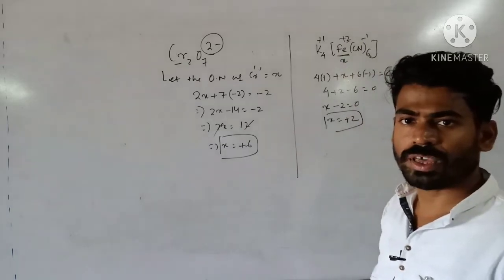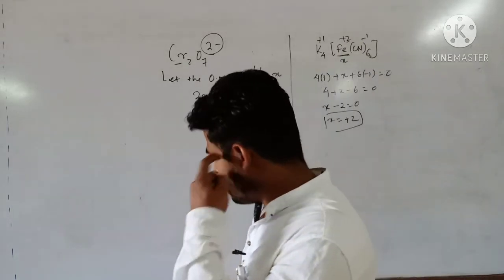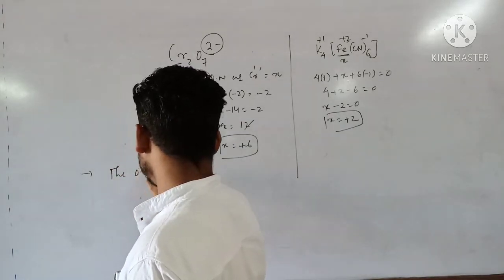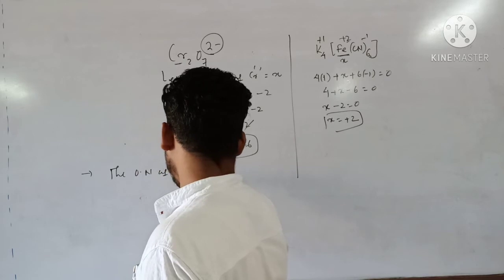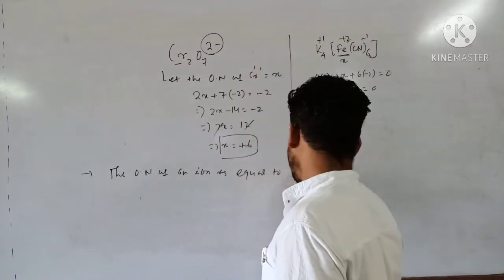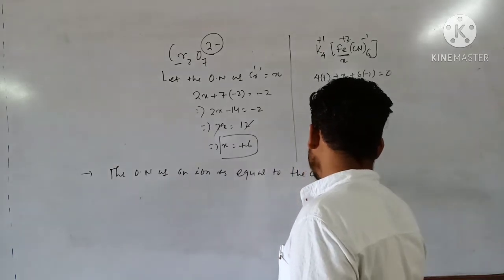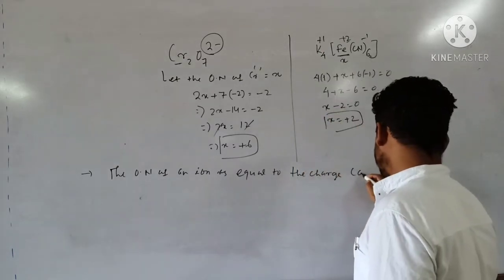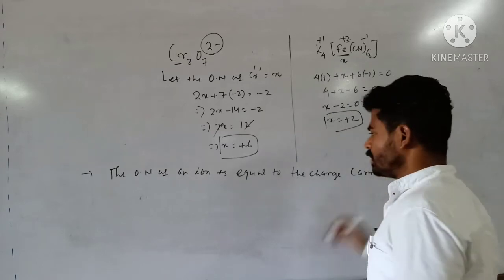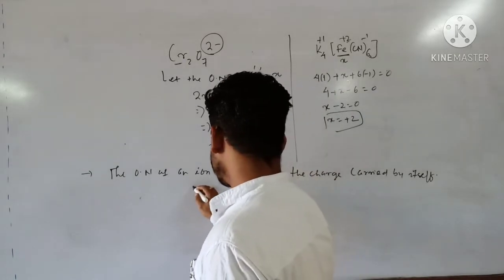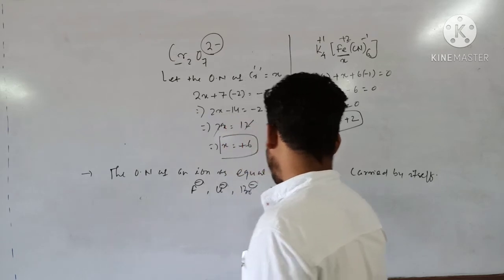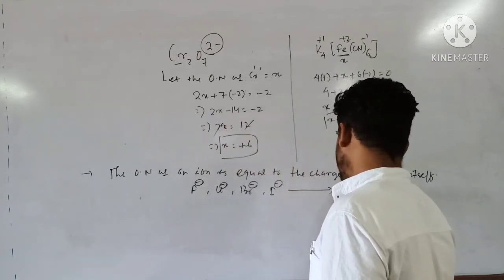Plus 2. Okay. And another thing, remember, the oxidation state or the oxidation number of an ion is equal to the charge carried by itself. That means F-, Cl-, Br-, I- have charge -1.